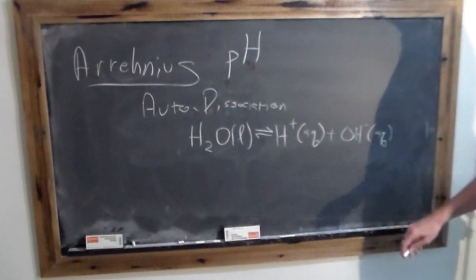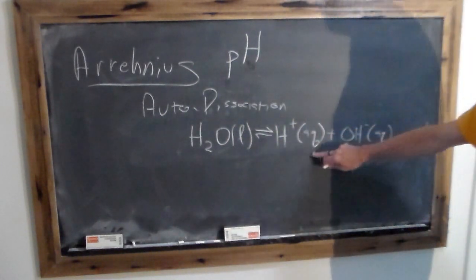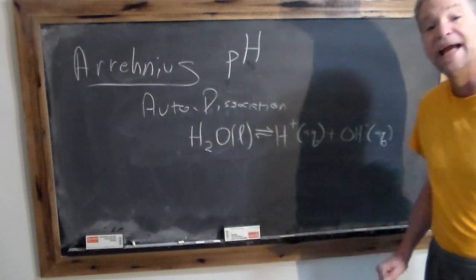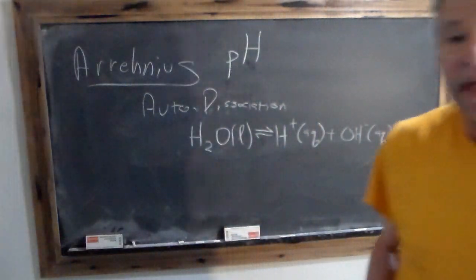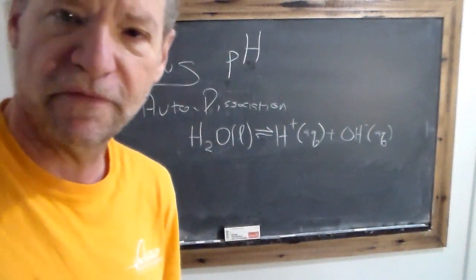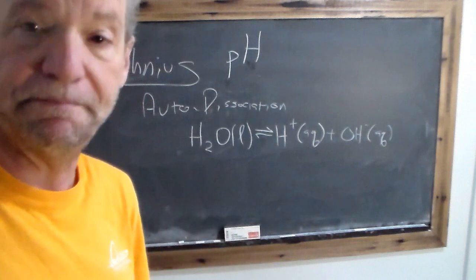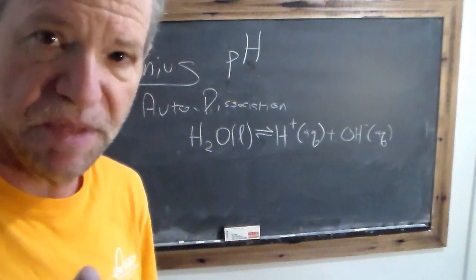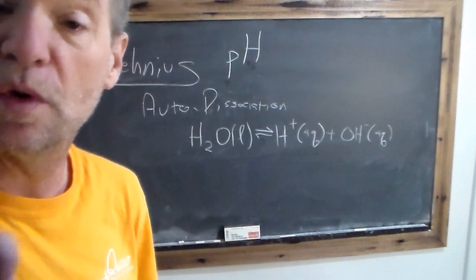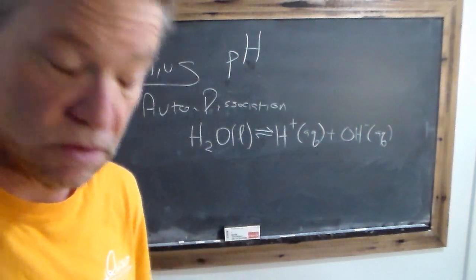That means that the reaction is occurring in both the forward and the reverse direction at the same time. Equilibrium, by definition, is no observable change over time. It doesn't mean that the reaction has stopped. It means no observable change.